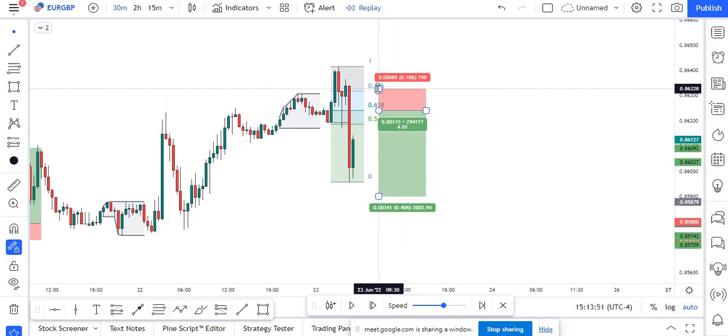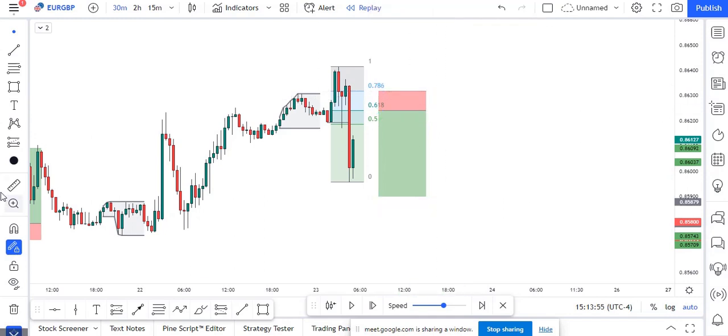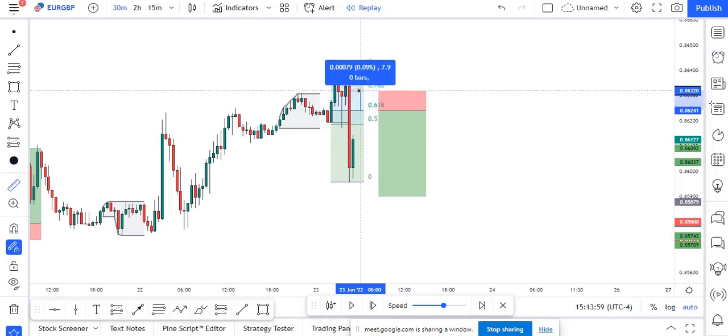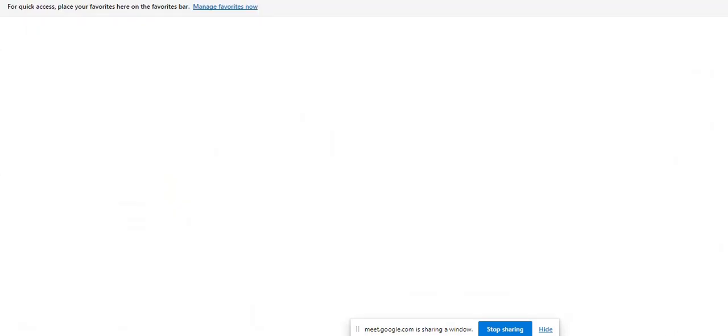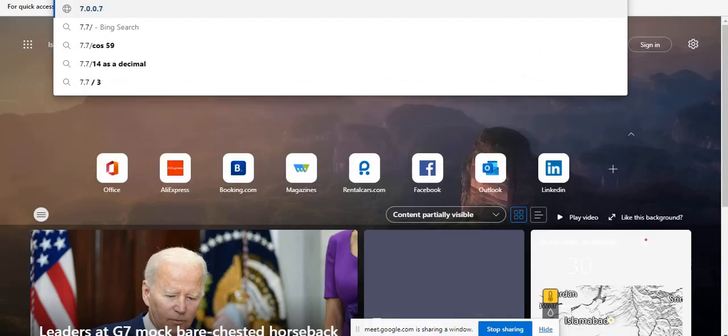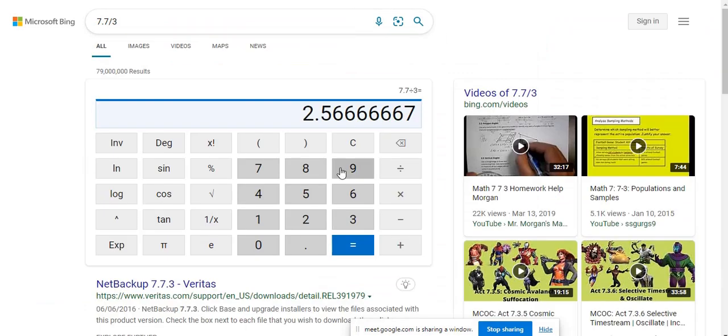Now I will place my stop loss according to rules around this level. Now we'll count the number of pips of this region, this zone. So that is 7.7. 7.7 divided by 3 makes it 2.6, rounded off.